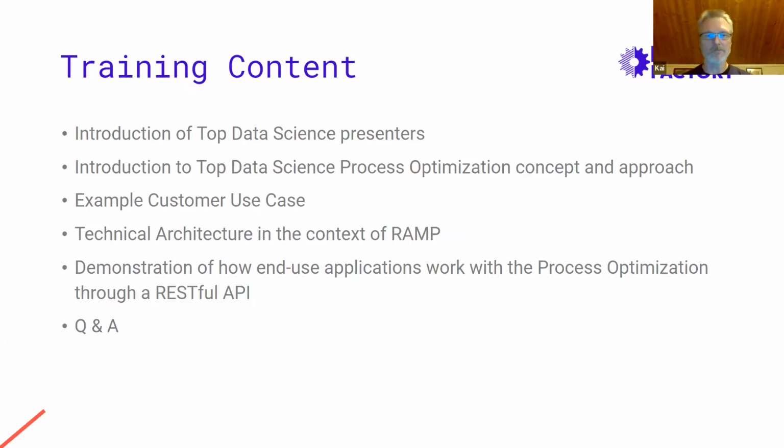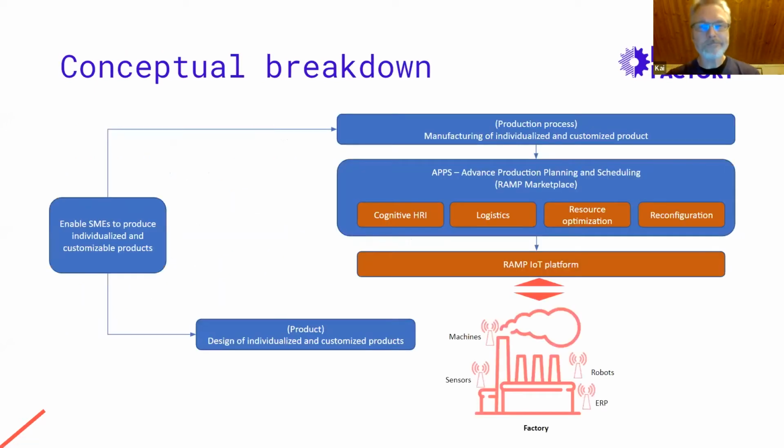Okay, thank you guys. So I will start. This is the RAMP and Beta Factory conceptual breakdown, and I'm sure you are very familiar with it. Just to give the context and focus for this presentation, we are providing technology and services to this resource optimization part of Beta Factory and its apps capabilities.